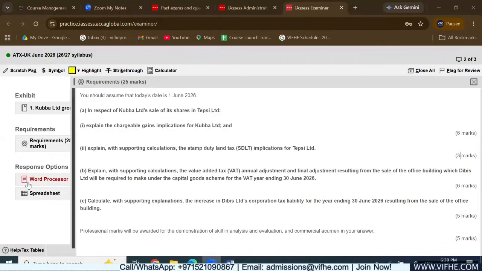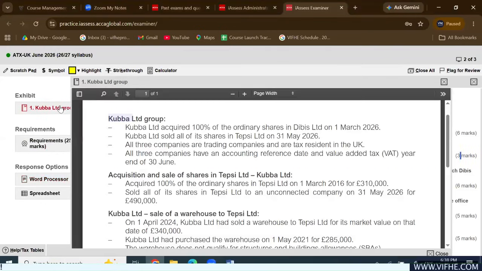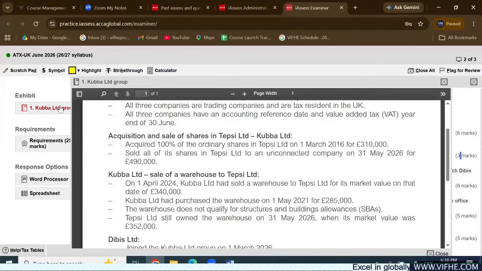See, SDLT, the stamp duty land tax, is always payable by the purchaser of any land and building. And as far as this exhibit is concerned, they are talking about a warehouse, the building, which was transferred from Kuba Limited to Tepsi Limited back on 1st of April 24.